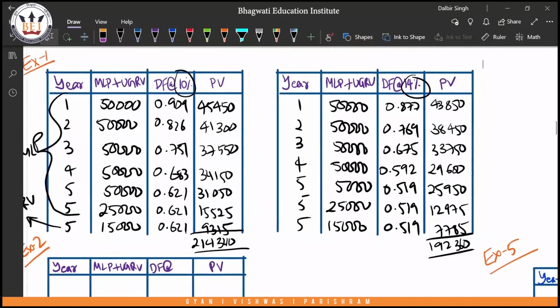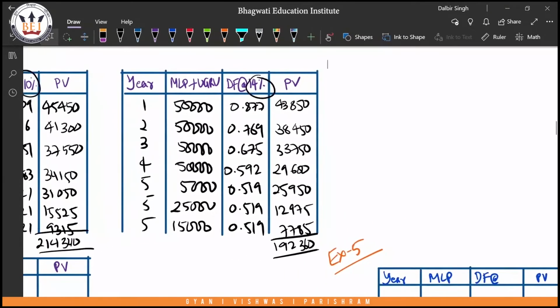Now they've asked you to find the interest rate implicit in the lease. We've taken two rates, 10% and 14%. This has to equal your fair value, which is 2 lakh rupees. I need to find the interest rate at which the present value equals the fair value.